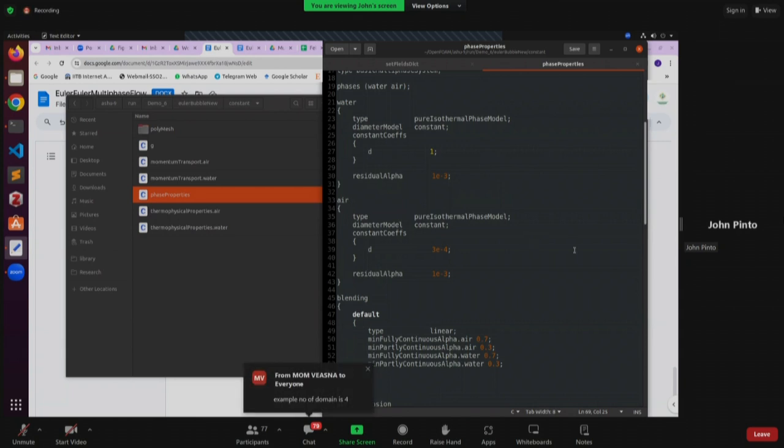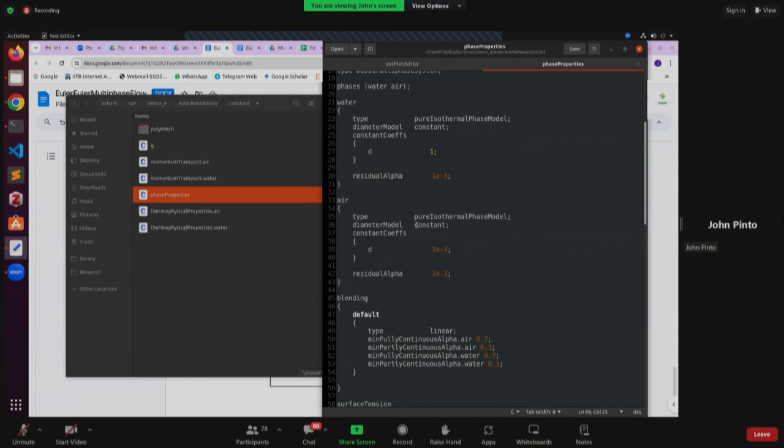You can change this model. There are some different models, like isothermal, where the diameter of the bubble will change depending upon the region pressure and those things. Those models are also there. You can try finding them. I'll quickly give you a hint. If you want to know the various diameter models available, you remove this constant and add something like banana, just for the namesake.